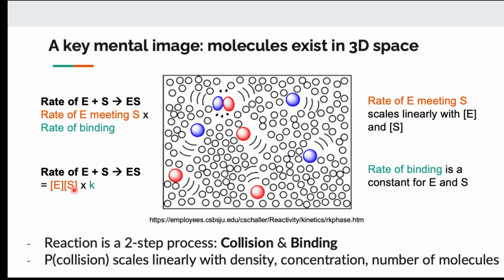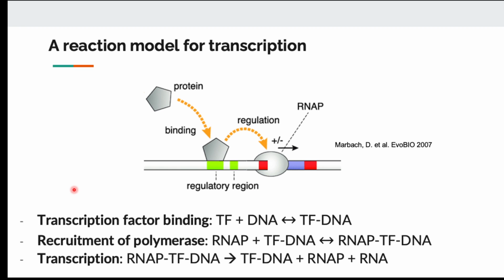So we're going to use this idea to build models that revolve around DNA, transcription factor binding to DNA, RNA polymerase binding to DNA, and then the transcription creating new molecules of RNA. So for example, we think about transcription factor being bound to DNA as one reaction. It's a reversible reaction. The transcription factor can be released from the DNA.